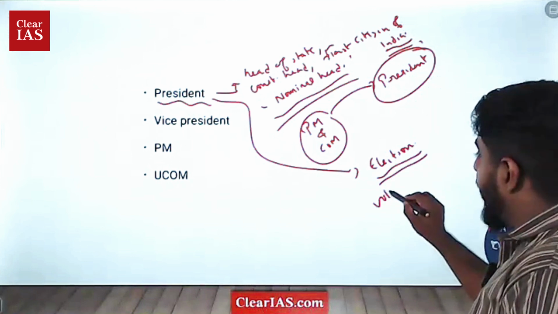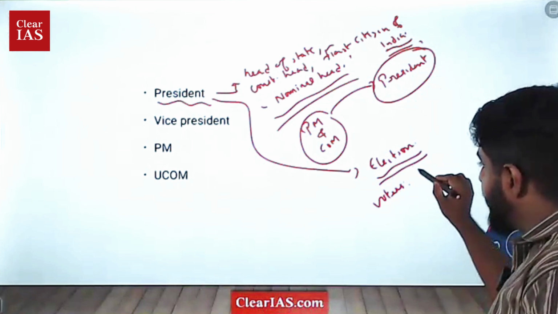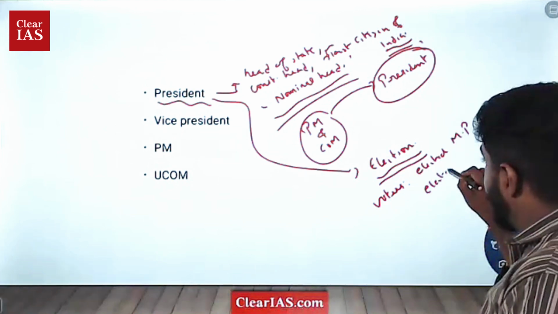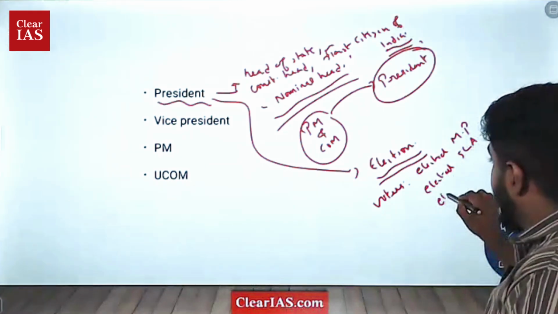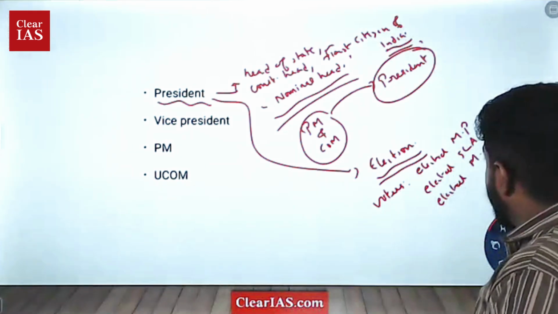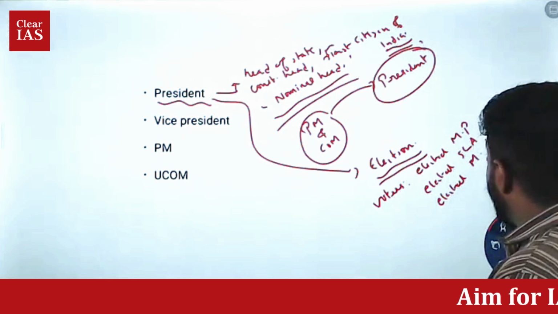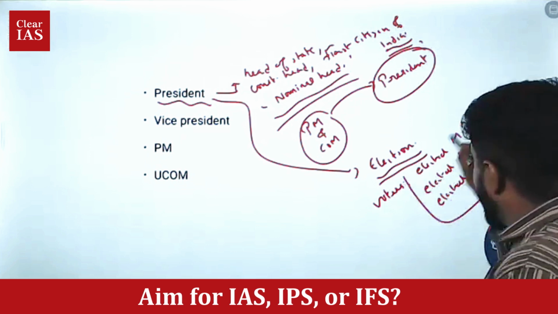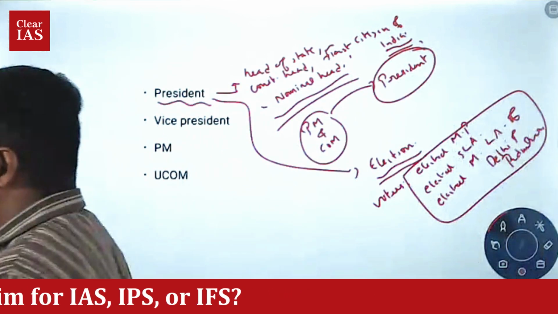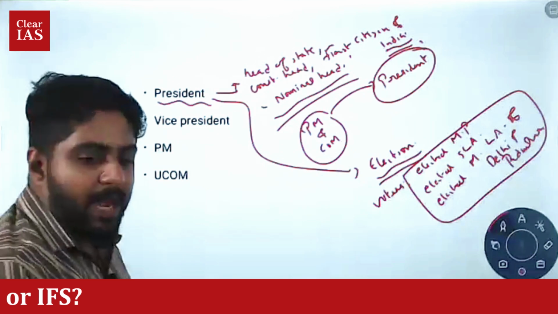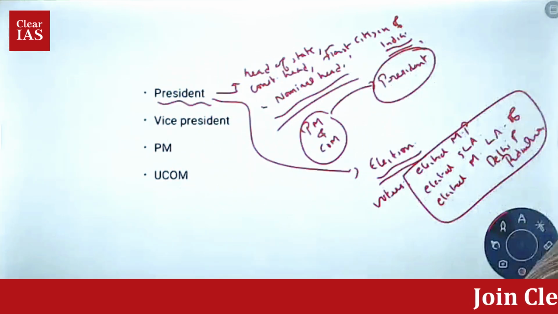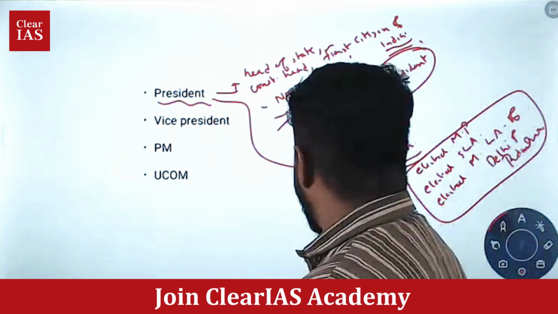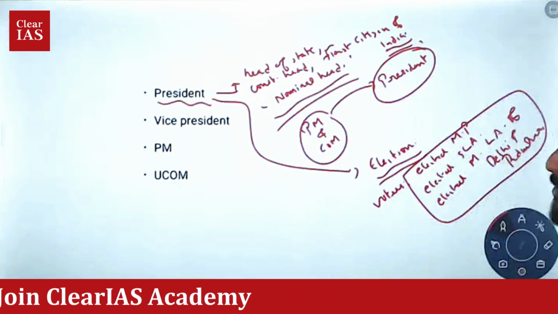The voters in the election of the President of India are the elected members of Parliament, the elected members of the State Legislative Assemblies, and the elected members of the Legislative Assemblies of Delhi and Puducherry. So a special electoral college is constituted, consisting of these members. This is the electoral college of the President of India.